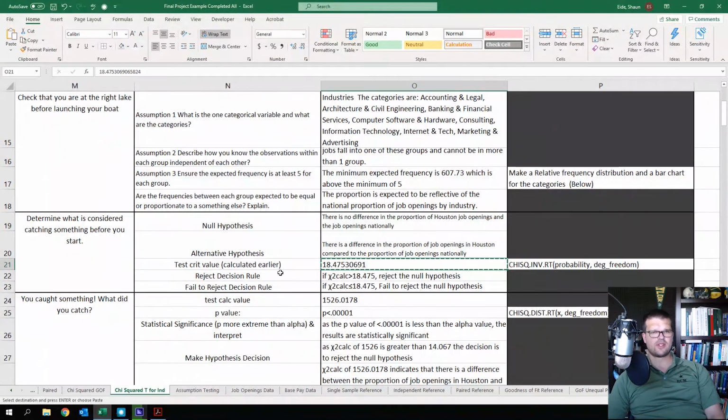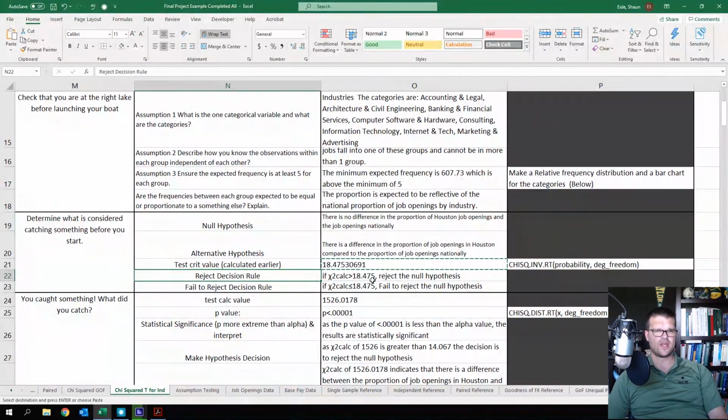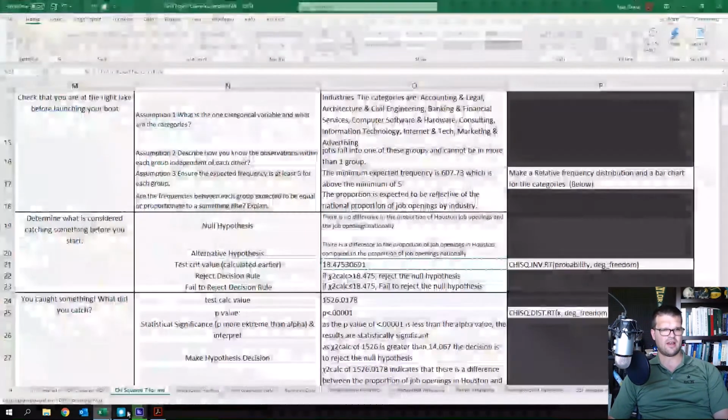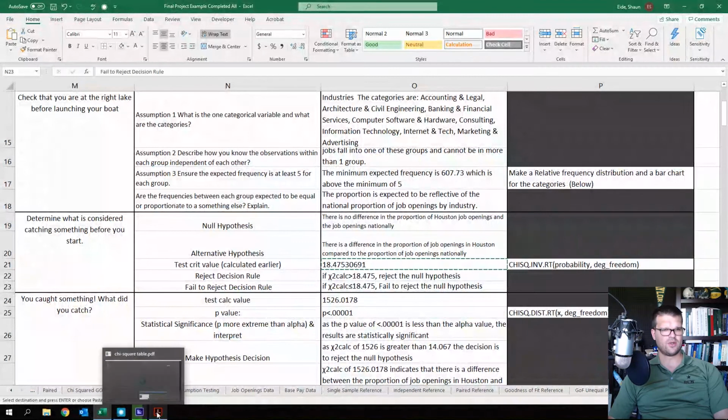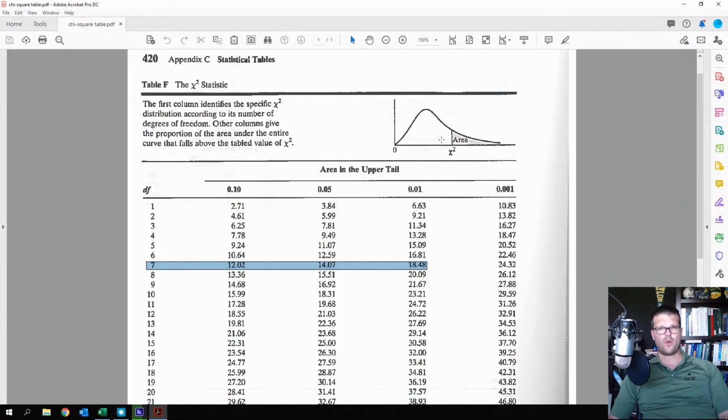Which brings us to our decision rule, where we reject or fail to reject. Remember, with this decision rule, we are going to reject the null hypothesis if the chi-squared calculated is anywhere from the critical value to the right.